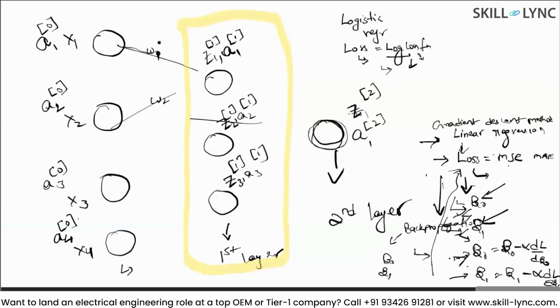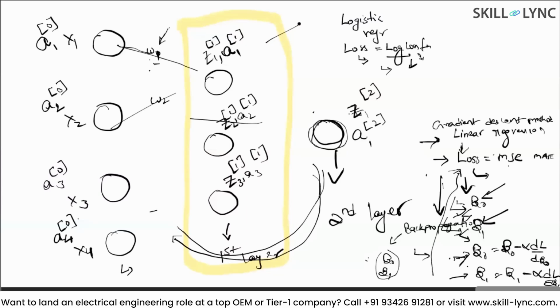Similarly, here we start with some random values of weights, calculate the error, use derivatives, and then go back and correct our weights. So in logistic regression, you had the opportunity to correct your weights only one time, with many iterations of course, from output to your input layer.